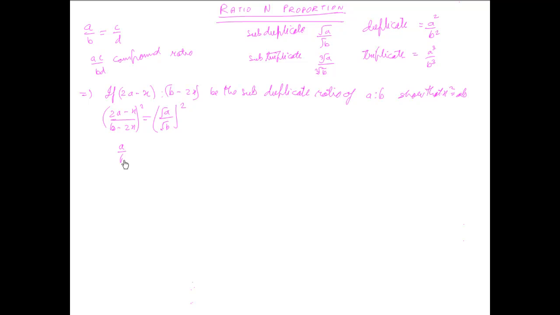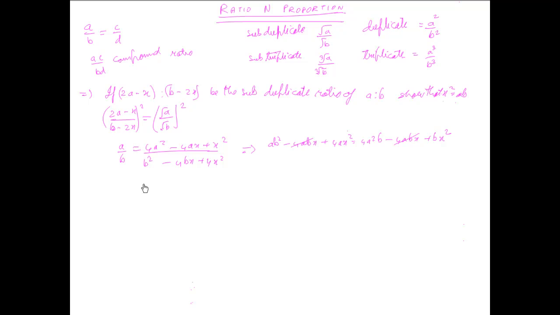So children, we get a upon b is equal to 4a squared minus 4ax plus x squared upon b squared minus 4bx plus 4x squared. We cross multiply, children, so that'll give us ab squared minus 4abx plus 4ax squared is equal to 4a squared b minus 4abx plus bx squared.